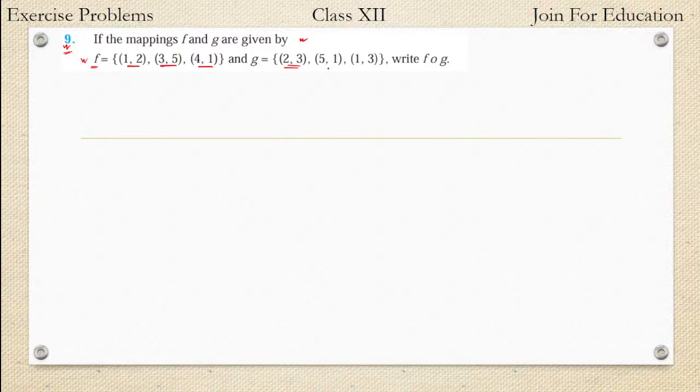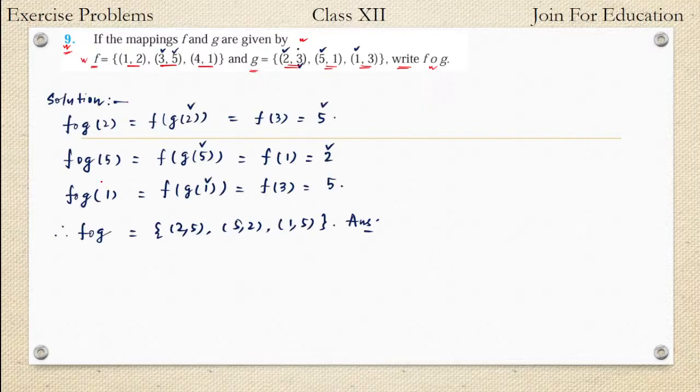Ordered pairs (2, 3), (5, 1), (1, 3) are the elements of the mapping g. In this question, we are asked to write the composition of g and f. Let's see the solution of this question.